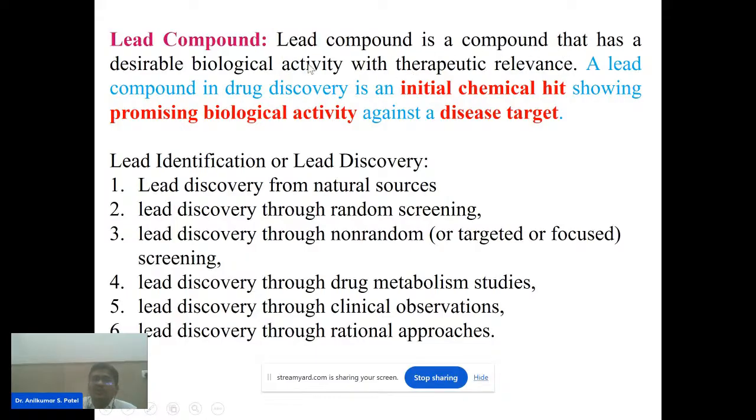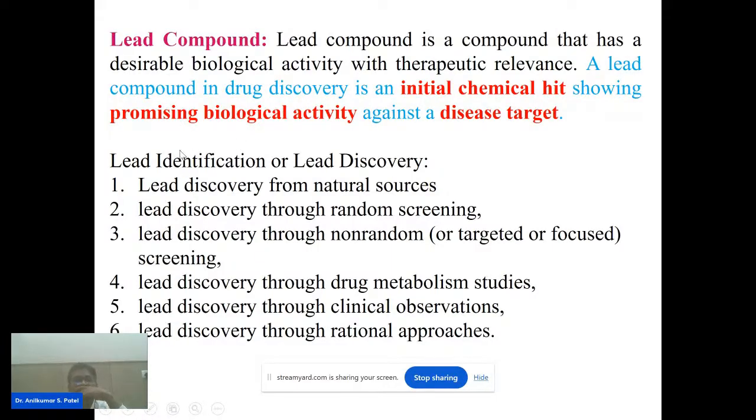A lead compound in drug discovery is an initial chemical hit showing promising biological activity against the target. It is our leading molecule for going from discovery to the drug. So how do we identify these lead compounds? There are certain processes to identify them.